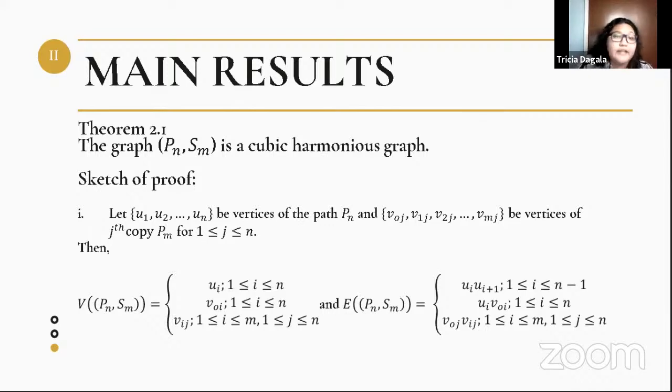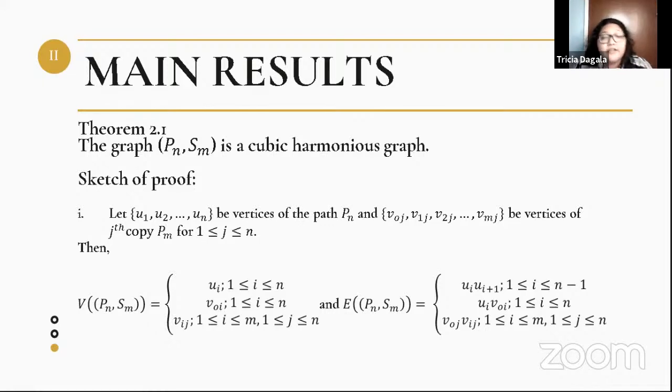So the first part is, let the set u sub 1 up to u sub n be the vertices of the path P sub n, and v sub 0 j, v sub 1 j up to v sub m j be the vertices of the jth copy of P sub m, I think this should be S sub m. Anyway, so for all j's from 1 to n.